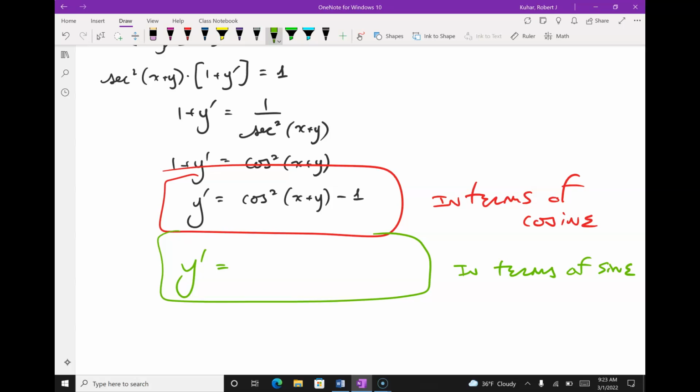What do you think? Negative sine squared. So you have this identity from your trig class. 1 minus cos squared is sine squared, right? So I can see that this is the opposite, right? So this is minus sine squared. Everybody with me there? All those trig identities, got to have them, okay?